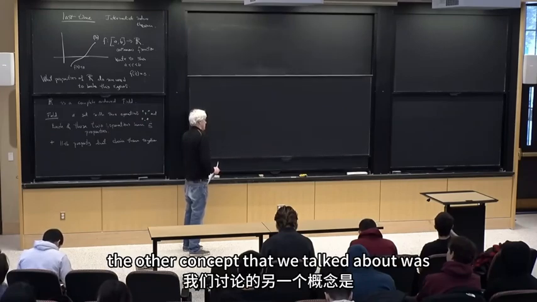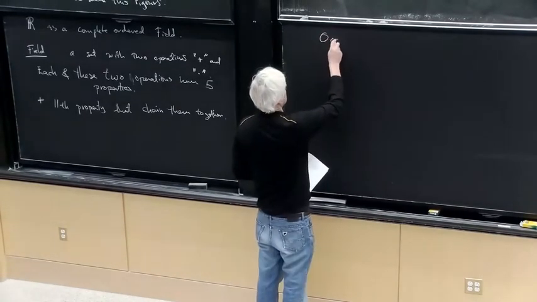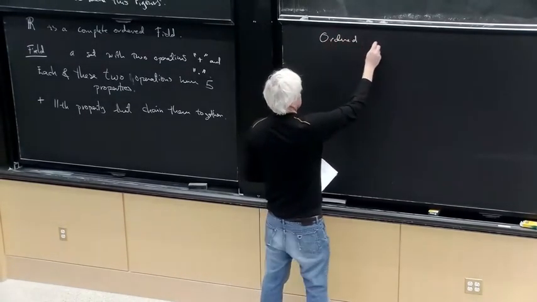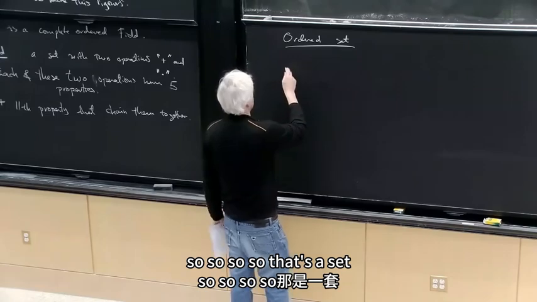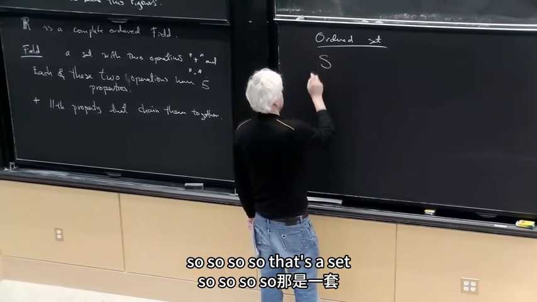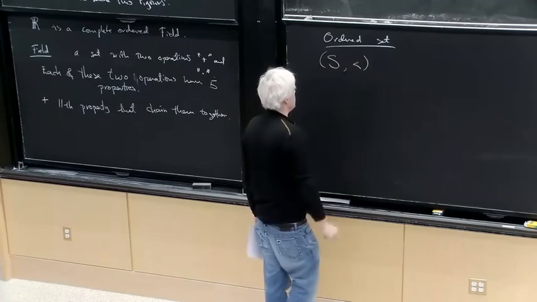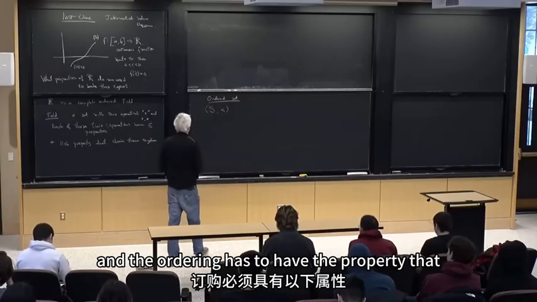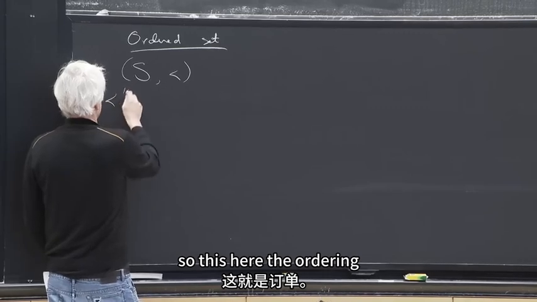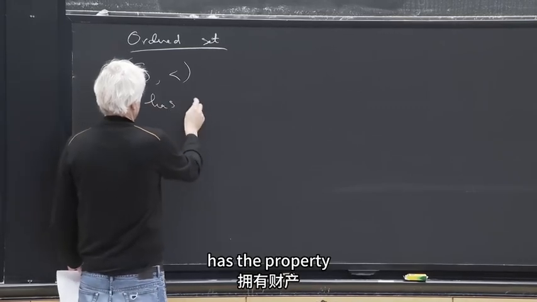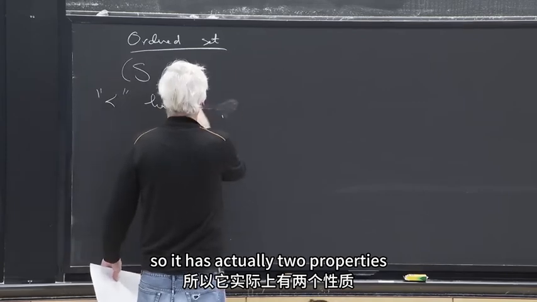The other concept that we talked about was what's called an ordered set. That's a set with an ordering. And the ordering has 2 properties.